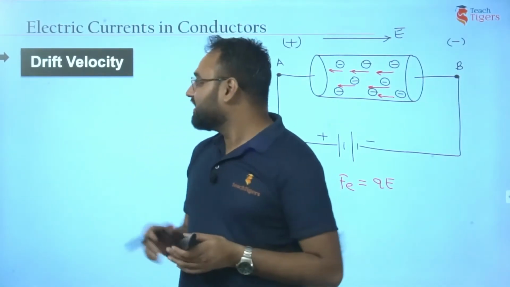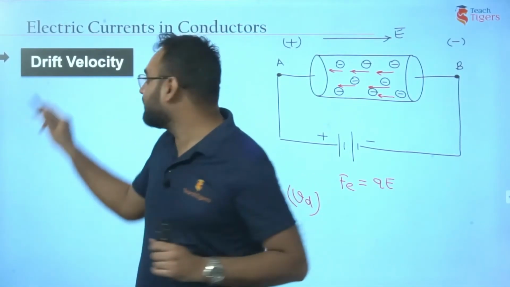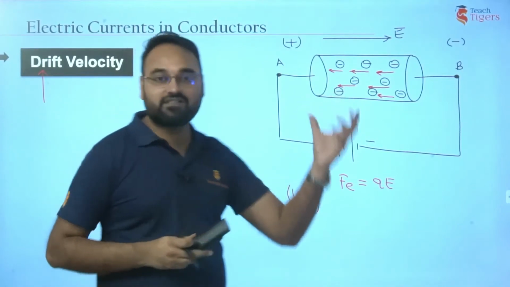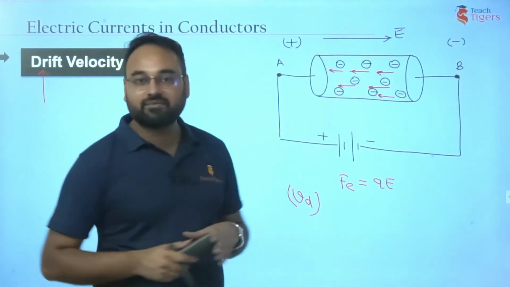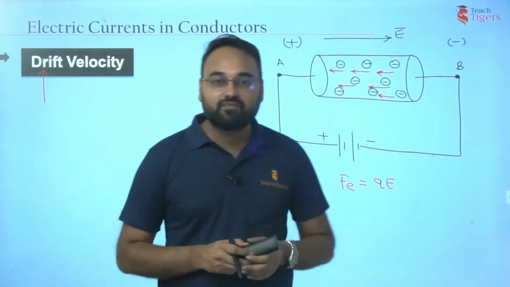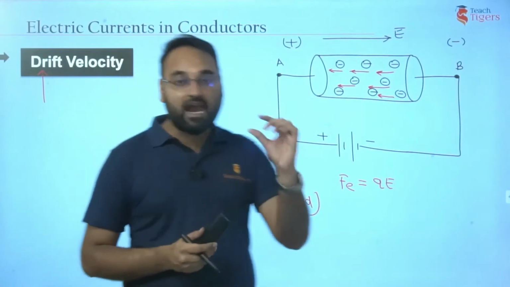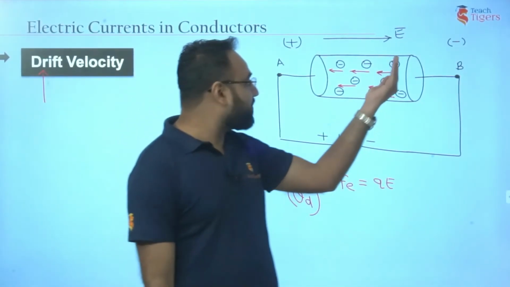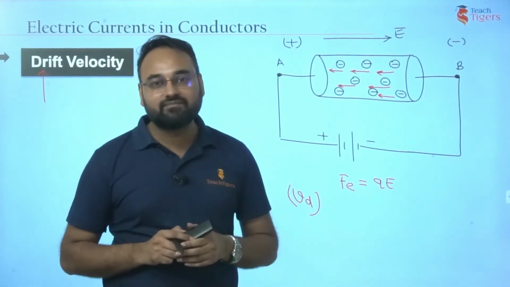The thing is, you must have noticed, we have not defined simply velocity, we have defined drift velocity. Now, what is the meaning of this drift velocity? Actually, what happens is, inside this conductor, these are free electrons, and along with these free electrons, there are fixed atoms and ions as well. Now, when a force is applied on this electron, it will try to increase its velocity.